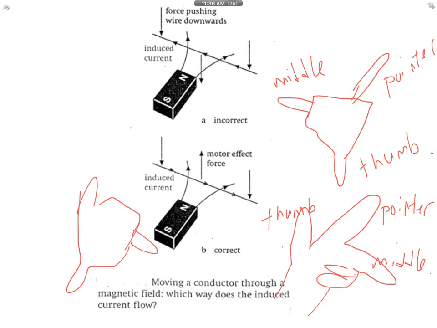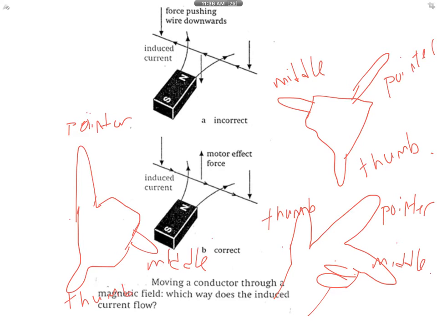Does it look correct? No. Something weird. Like this. Then it looks better. Okay. So this is my pointer finger. That's the middle, is it? Then the thumb. This is the middle. And this is my thumb.